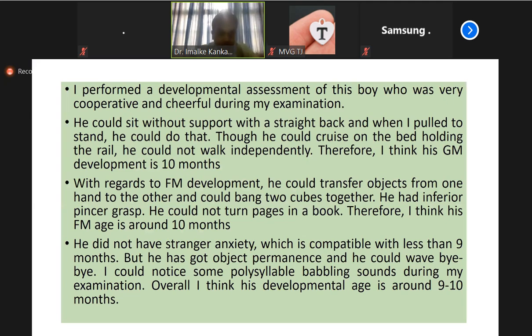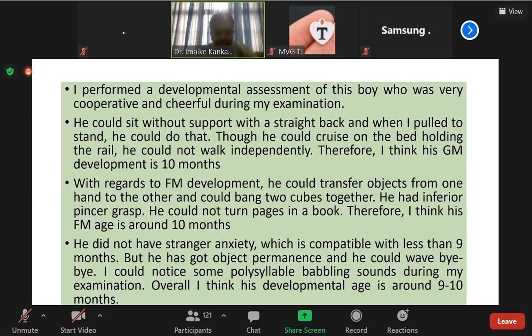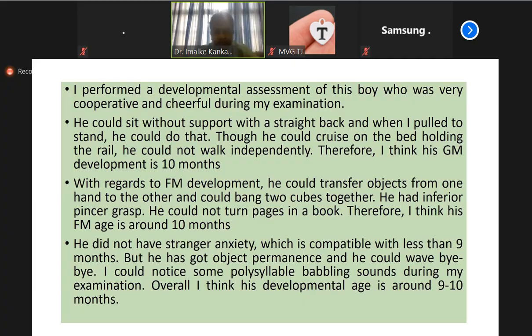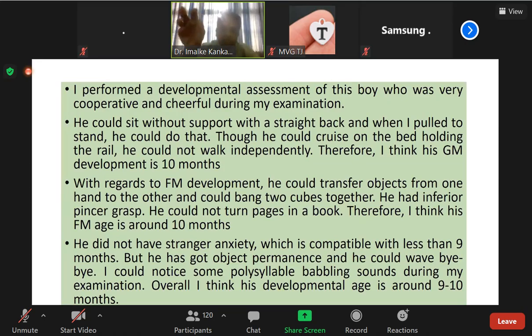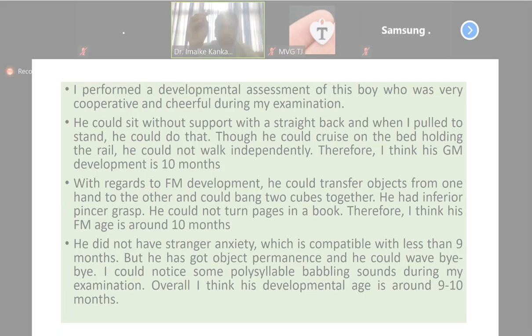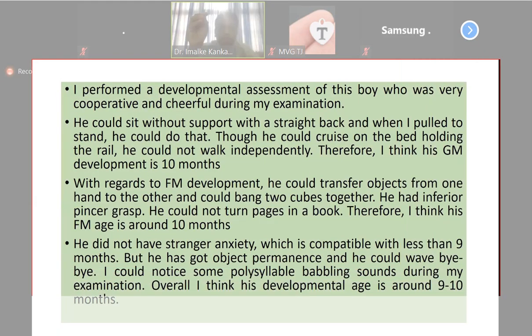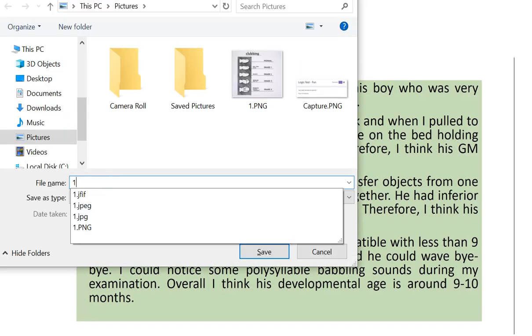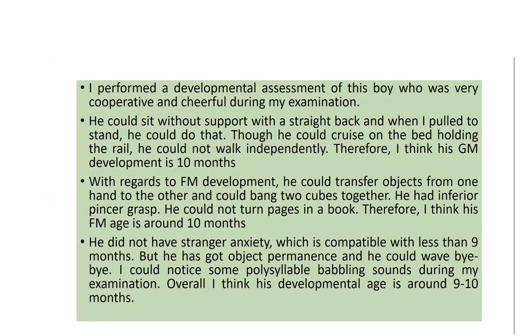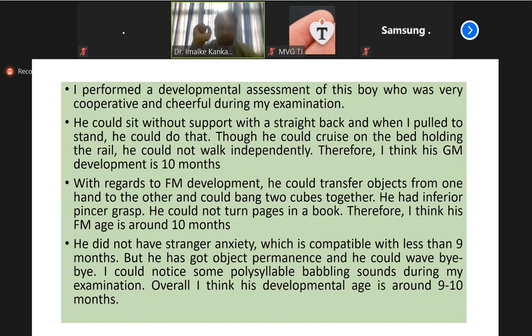I performed a developmental assessment of this boy who was very cooperative and cheerful during my examination. Now, in a developmental assessment, you don't need to say, I examined this child. That's a wrong statement. I performed or I took a developmental assessment, or I did a developmental assessment of this boy.